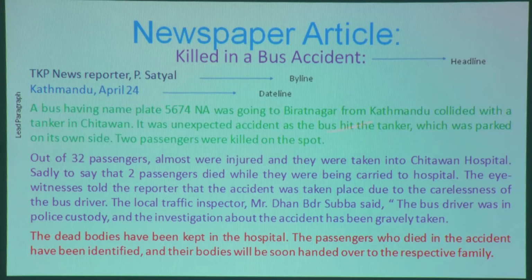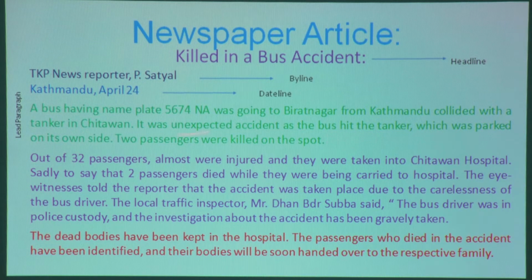So the example is, this is just for sample: a bus having number plate 5674 NA, going to Biratnagar from Kathmandu, collided with a tanker in Chitwan. It was an unexpected accident as the bus hit the tanker. You can add something like that for the clues.